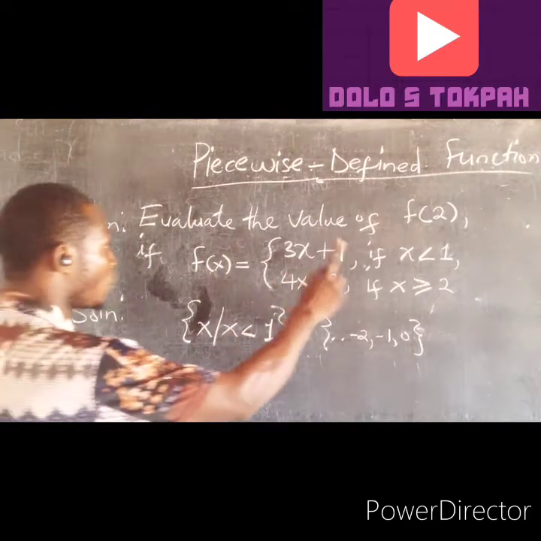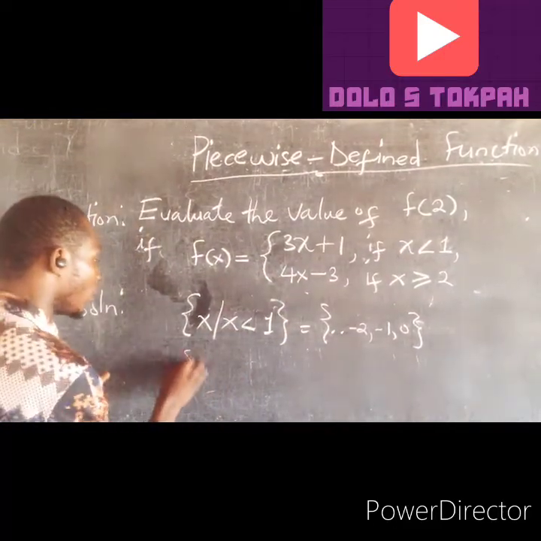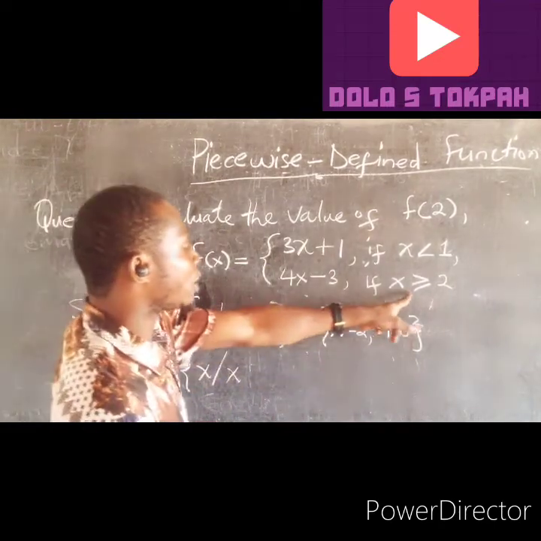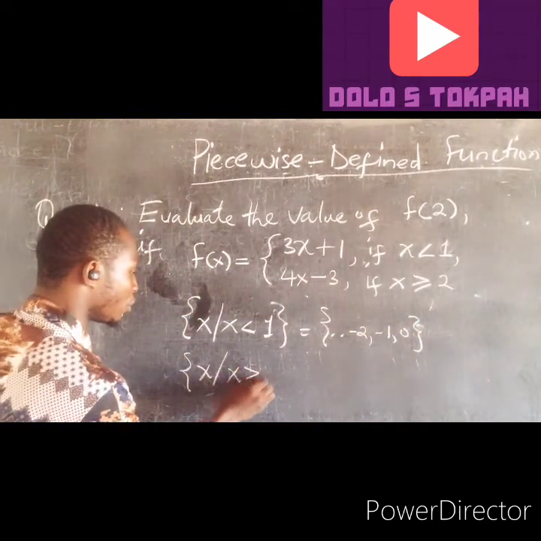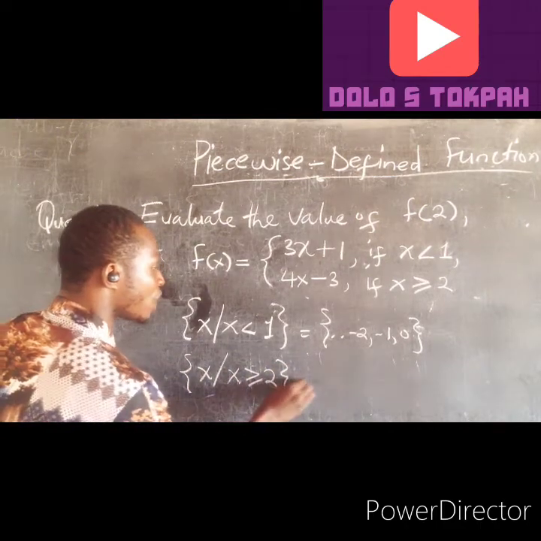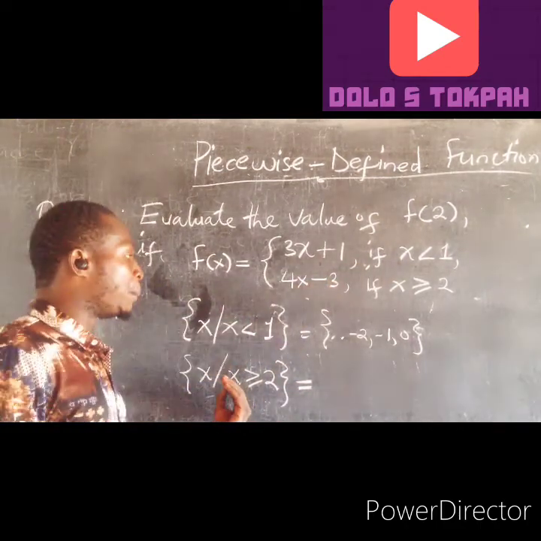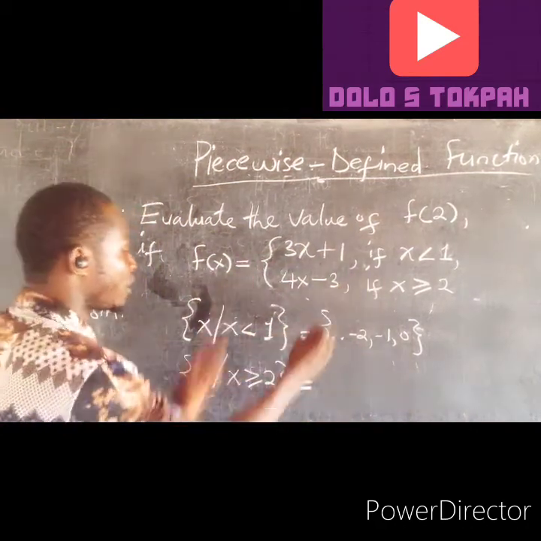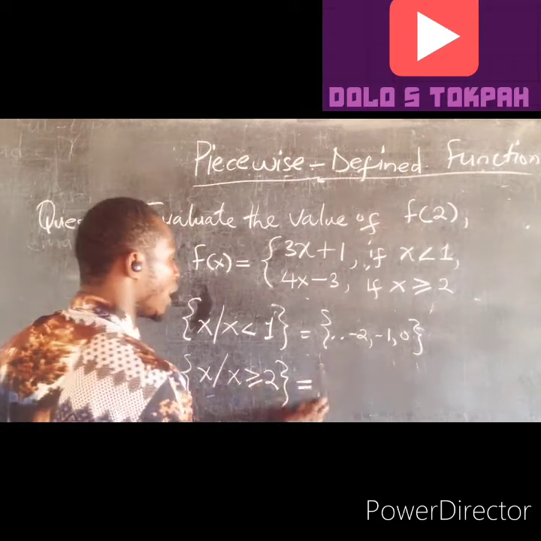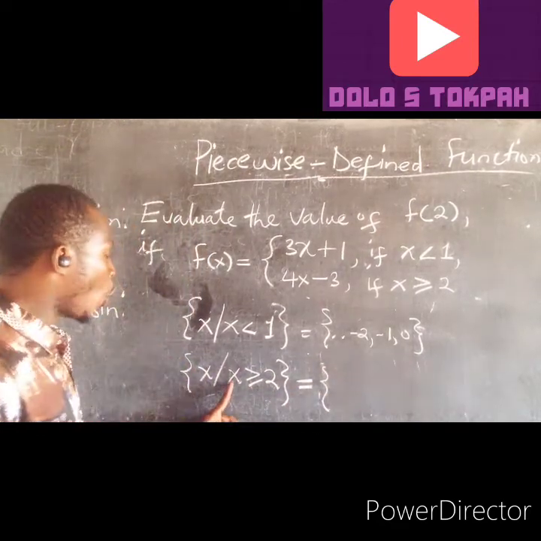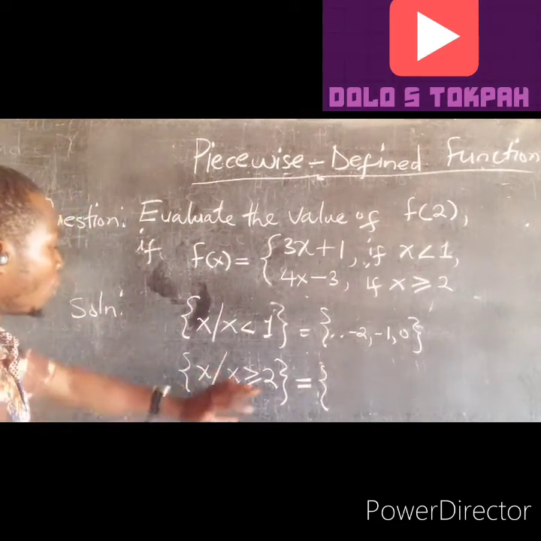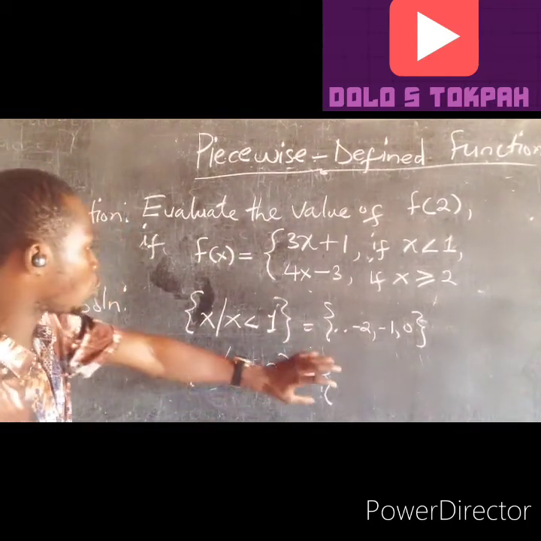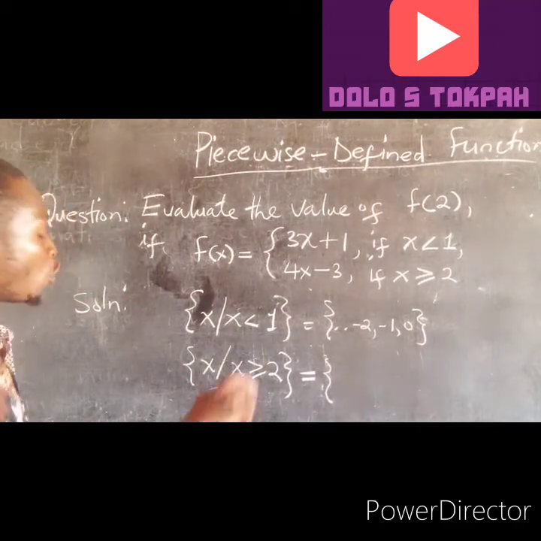Now the second one says x such that x is greater than or equal to positive 2. To interpret this, we convert the set builder notation so you can better understand it, because it may come in this form instead of this. The values here will be all numbers that are greater than or equal to positive 2.